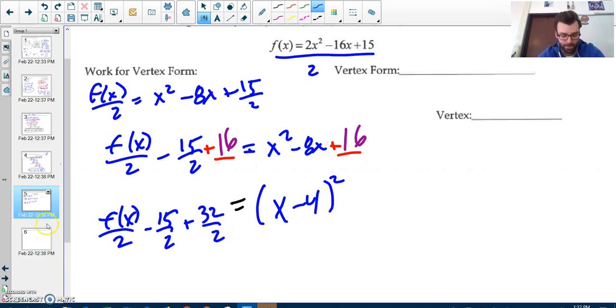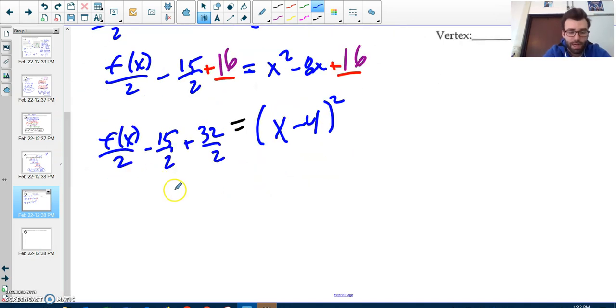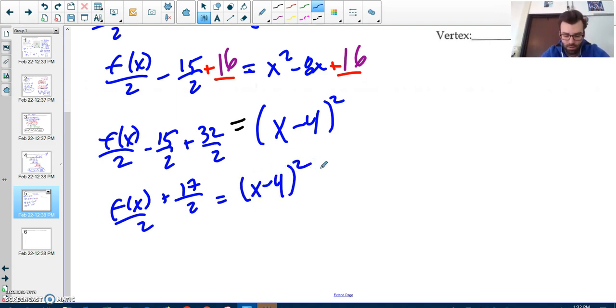Okay. So I have f of x over 2. If I combine these, I get 17 over 2. All right. I want to move this 17 to the other side.